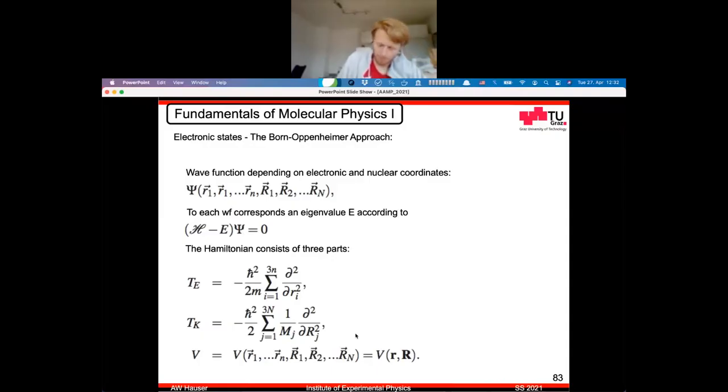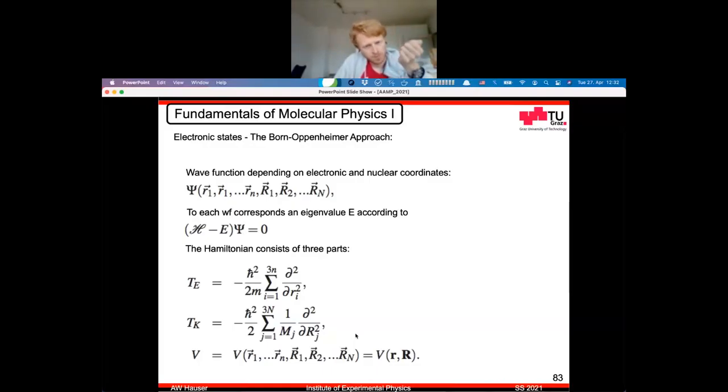We start by writing down the wave function for the total system. So the wave function depending on electronic and nuclear coordinates. You can see this psi in uppercase, which denotes the total wave function of our molecular system. And if I'm using lowercase r, then I'm referring to electron coordinates, and uppercase R to the nuclear coordinates.